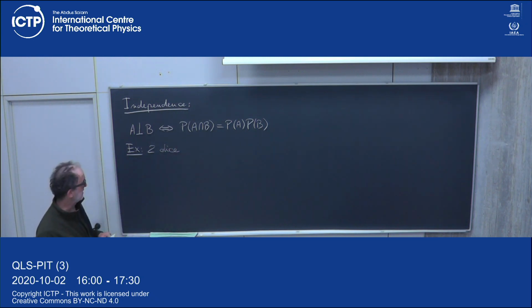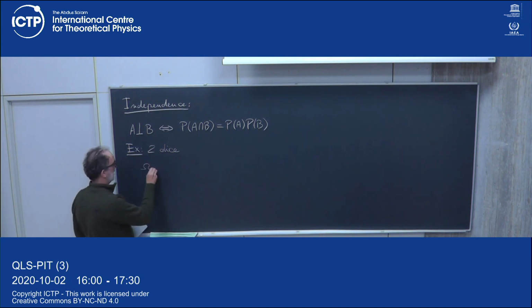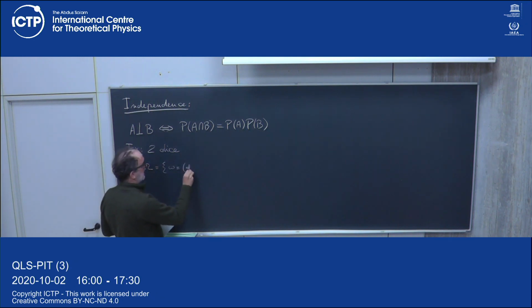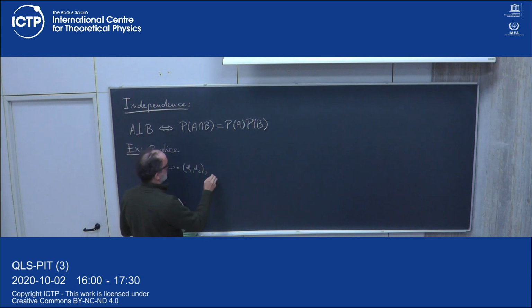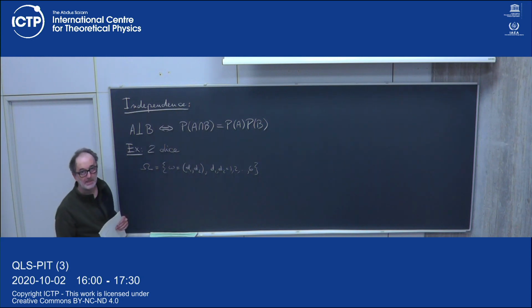We roll these two dice, and so the sample space is composed of elements which are the numbers shown on the up face of the two dice, where these D1 and D2 go from 1 up to 6, and each of these outcomes is equally likely.